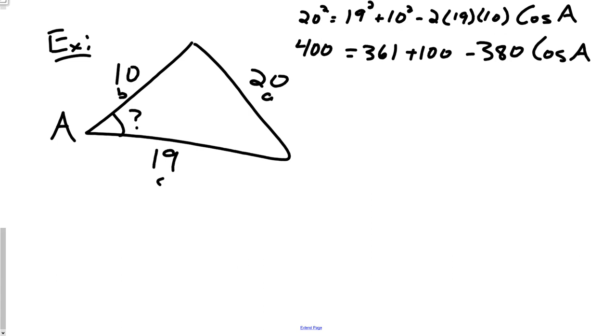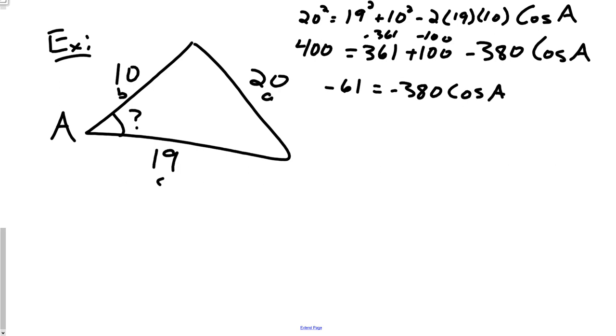So now you bring everything over to the other side that you can. So you subtract these two. Okay, so I start with that.